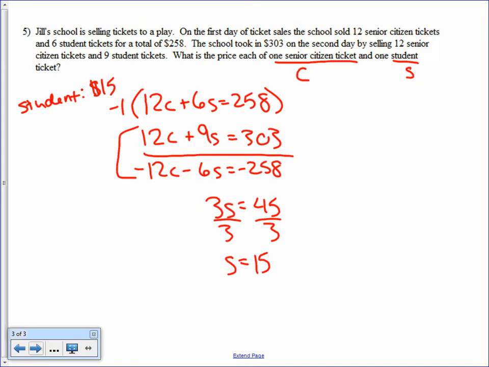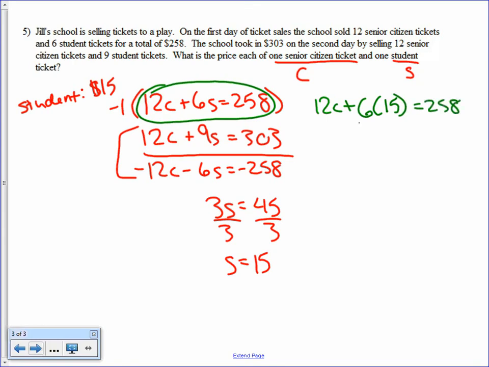Senior citizen tickets, so we have to plug that 15 into one of the equations and figure out my C. Looks like this one might be the easiest one to use. So 12C plus 6 times 15 equals 258. 6 times 15 will give me 90.